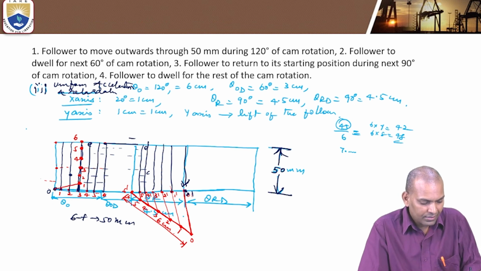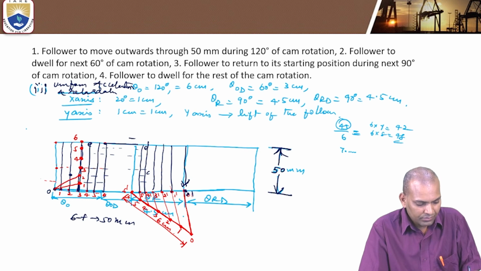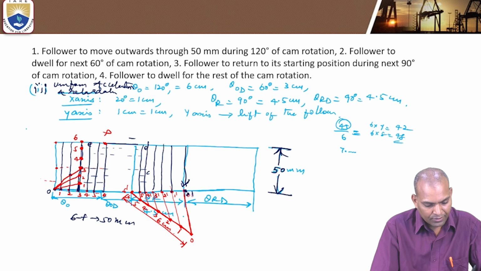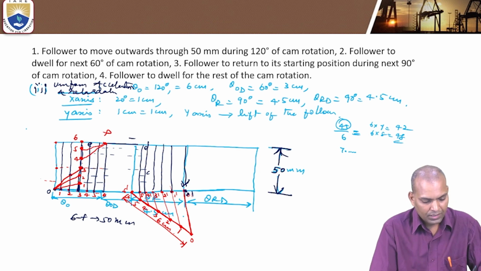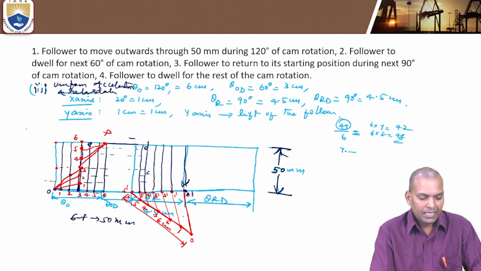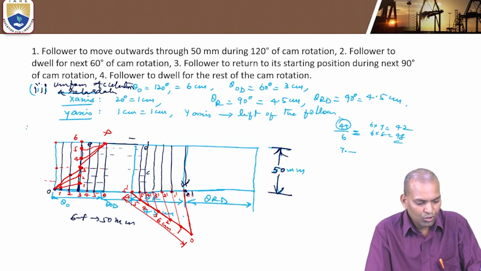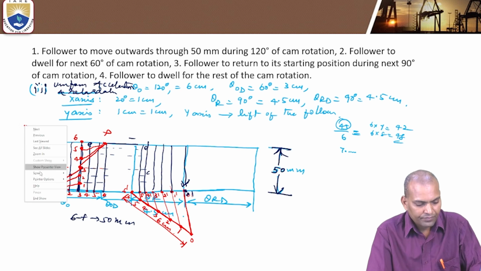You follow this notation. Then what will happen? Join the inclined lines from this corner, then from the top of this point P to P5 and P4 and P3. The intersection of 1 with 1 line is the location of the displacement, that is the tracing point.